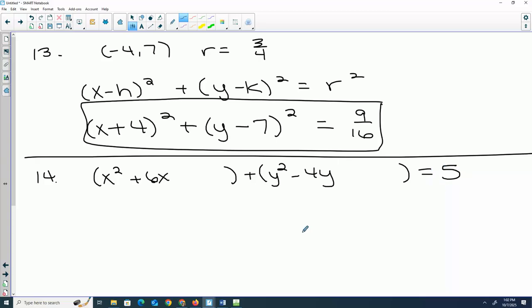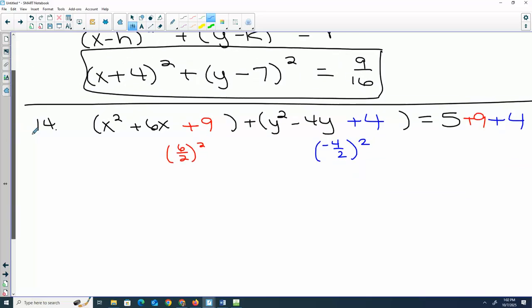Add it to the other side. Okay, then we complete the square. So we did 6 divided by 2 squared. So that's 3 squared is 9. But if I add 9 to one side, add it to the other. We do the same thing with our y's. So we have -4 divided by 2, which is -2. Squared is 4. So if I add 4 to one side, we add it to the other.